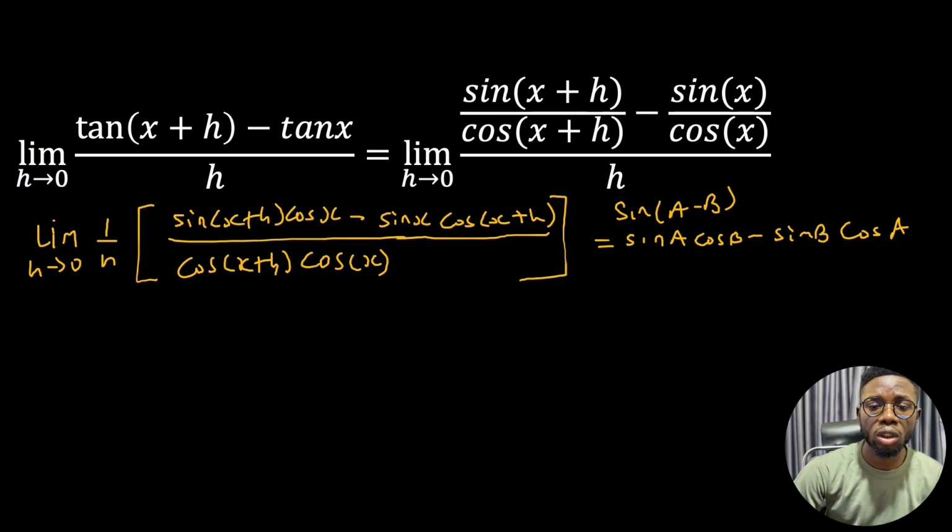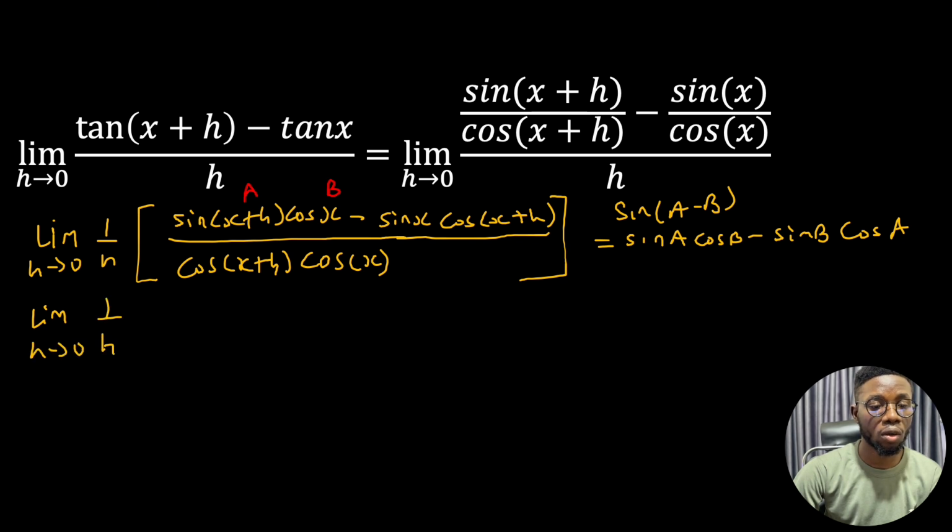Now, let us look at this very well and compare it with this. Here, we can easily say that this x plus h is a, and this x is b. So I will substitute x plus h and x as a and b, and that will be x plus h minus x. So this would become the limit as h goes to 0.